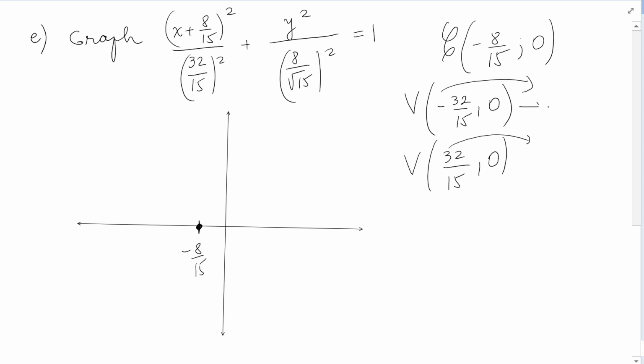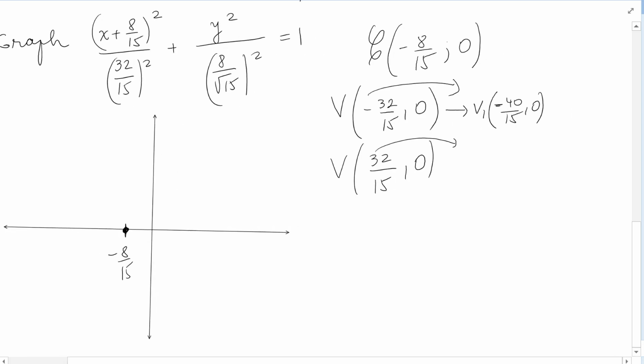So the actual vertex is negative 32 over 15 plus negative 8 over 15, so that makes it negative 40 over 15, 0, or if we divide by 5, negative 8 over 3, 0.